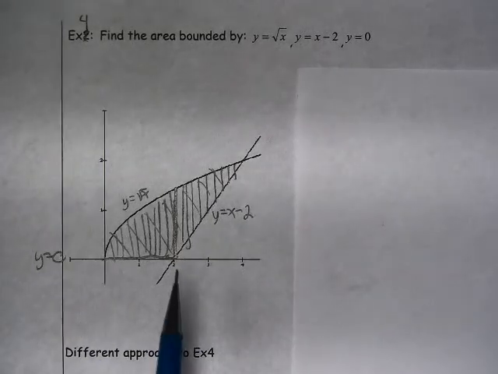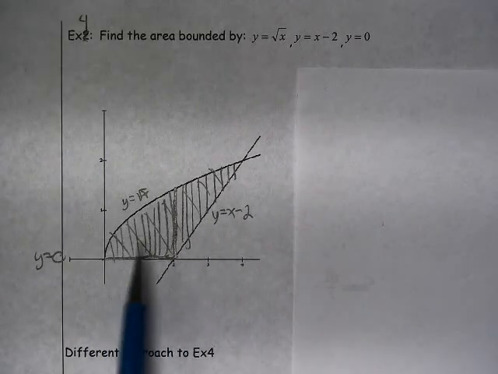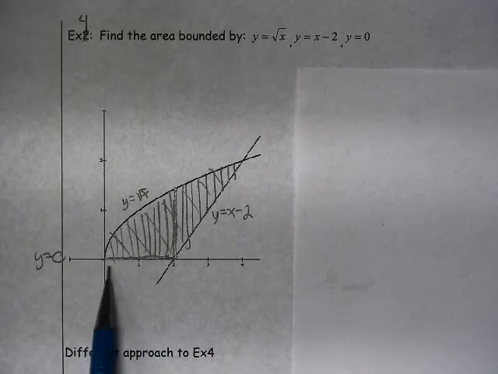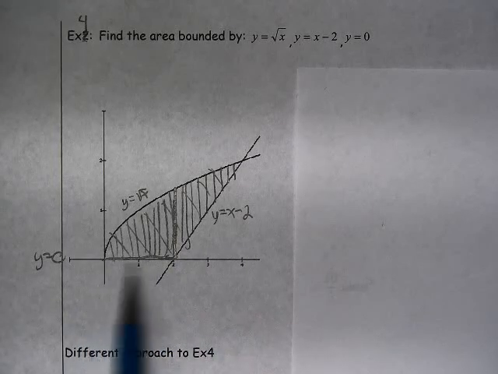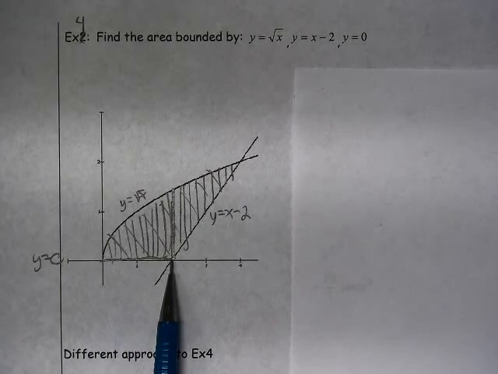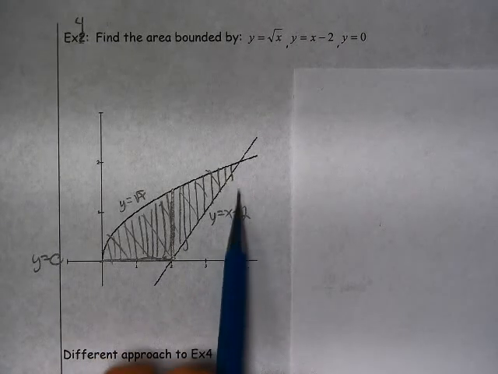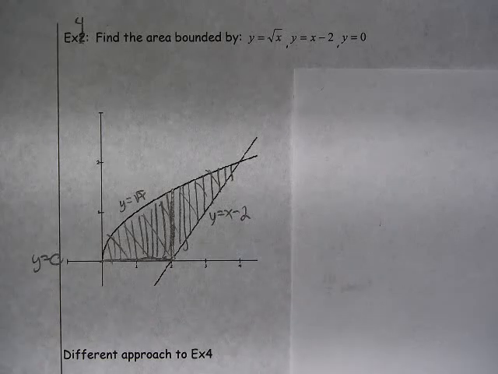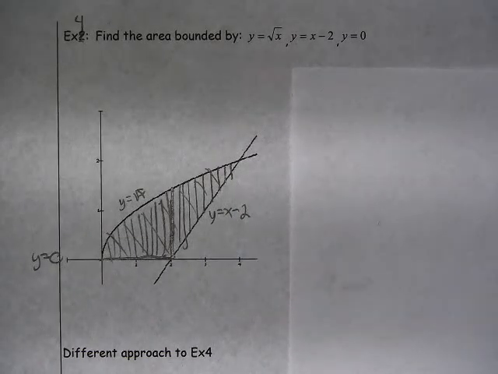All right, so we have to break this interval of x values up into from here to here, and then from here to here. All right, and we really need to figure out exactly what those are.